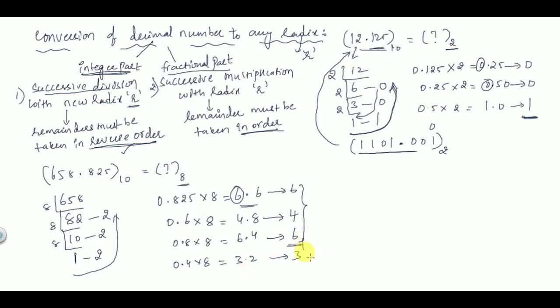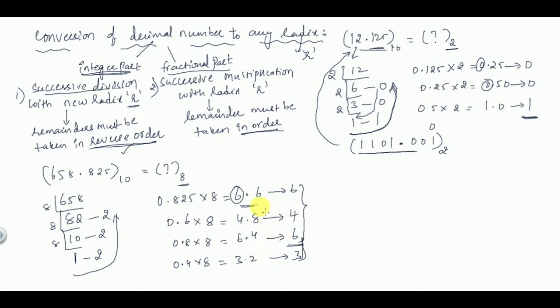So if it has asked for 4 numbers, you have to continue up to 4 decimals like this. It depends on the option and on the given number, so you may terminate or you may not terminate.